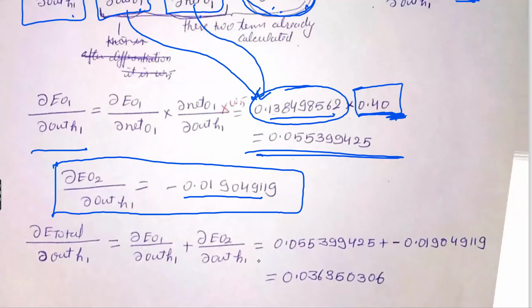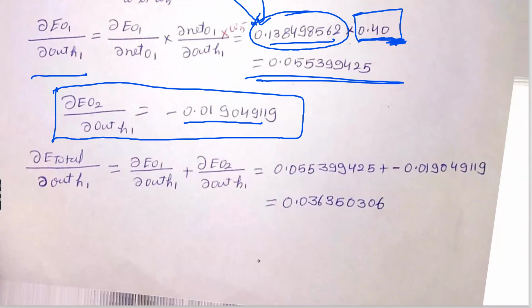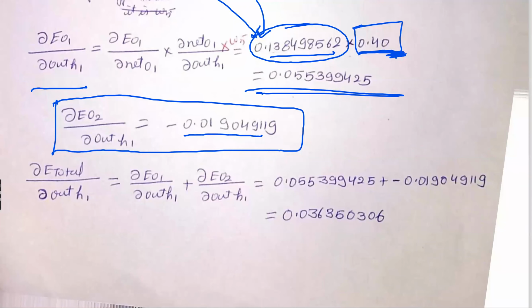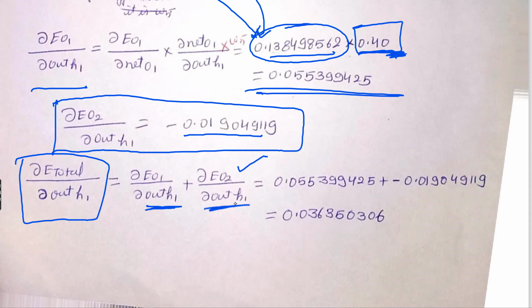Now the total: E total with respect to H1 is the partial differentiation of error of O1 with respect to output of H1, and the partial differentiation of error of O2 with respect to H1.